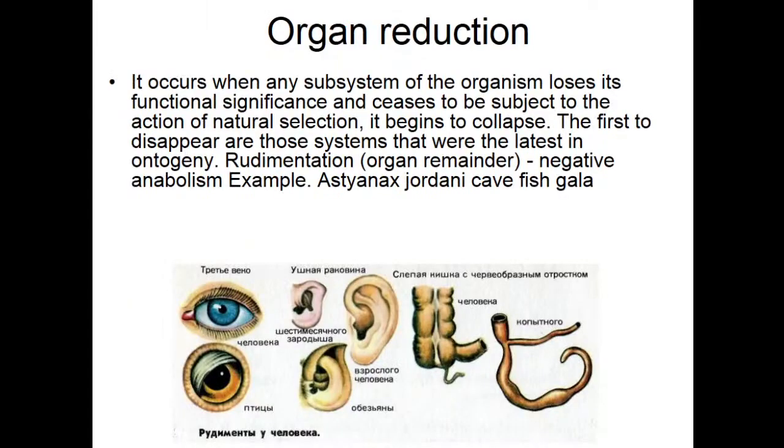The next way is organ reduction. At the start of the lecture I spoke a little about eyes and explained the third eye, linked to birds and absent in the human eye. Here we can see this process in ears, monkey, human and embryo.